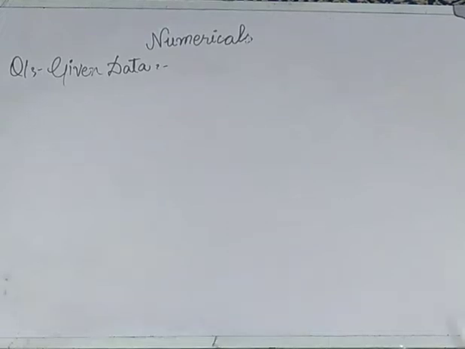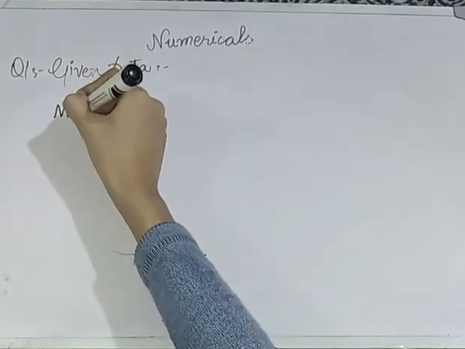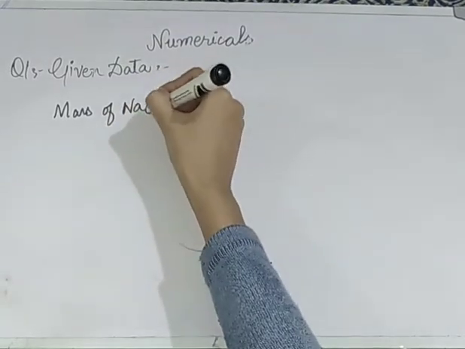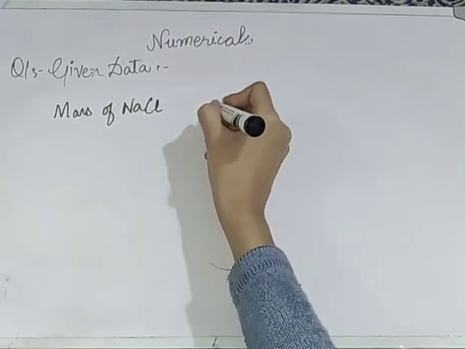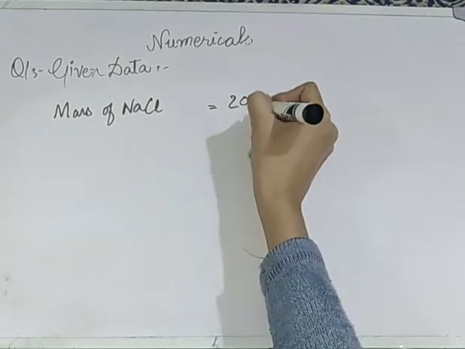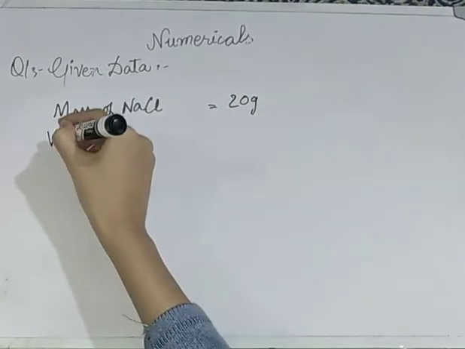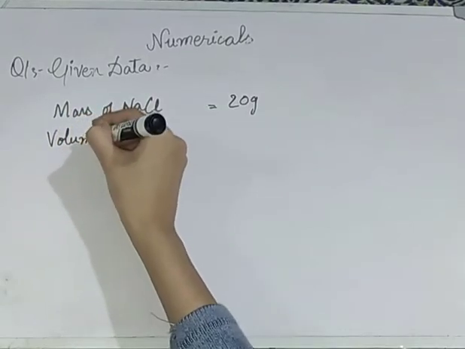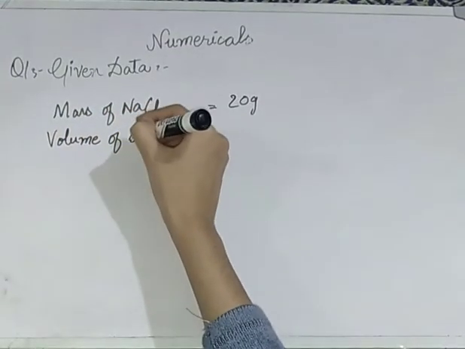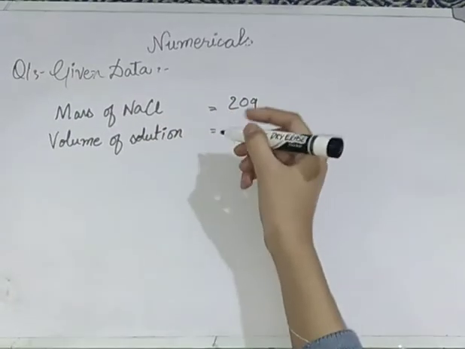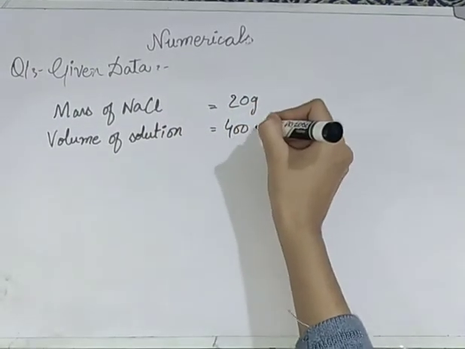So first, given data: mass of sodium chloride or table salt equals 20 grams. Volume of solution is equal to 400 centimeter cube.